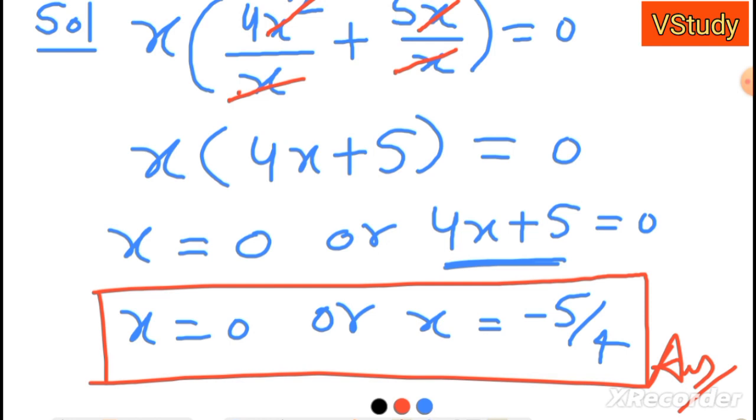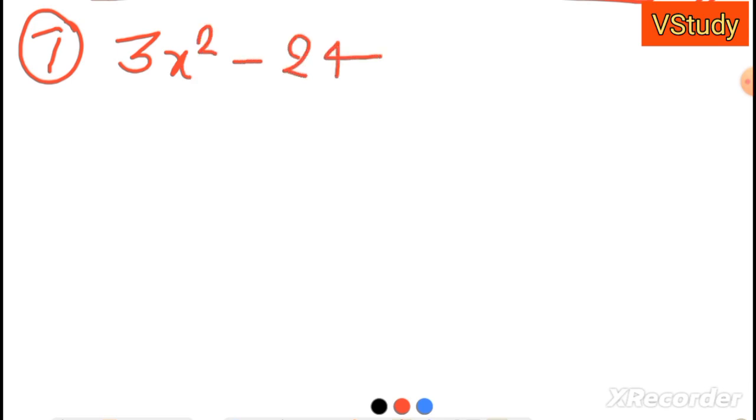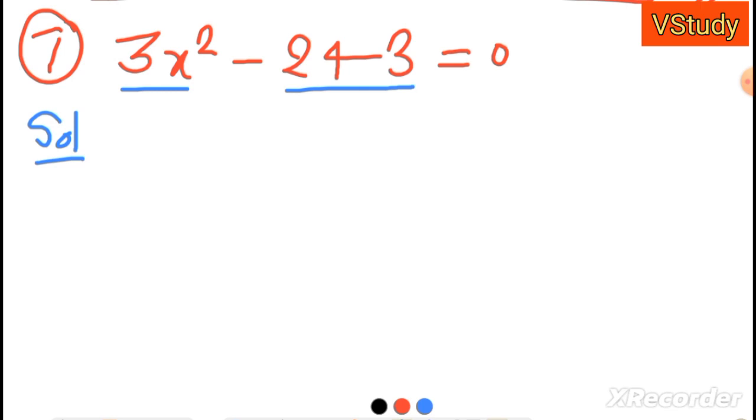So let's move to question number 7. Question number 7 is 3x square minus 243 is equal to 0. Again, we take common from the first and second term.